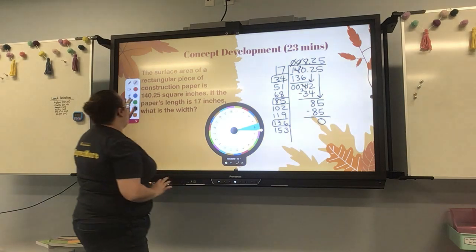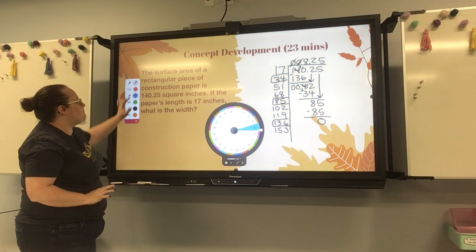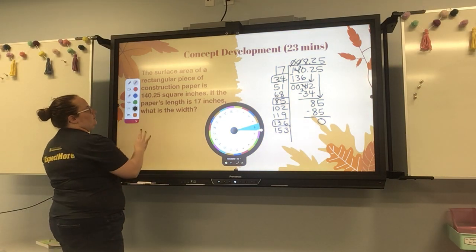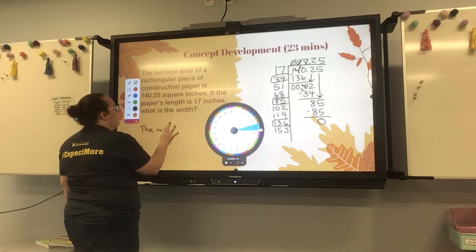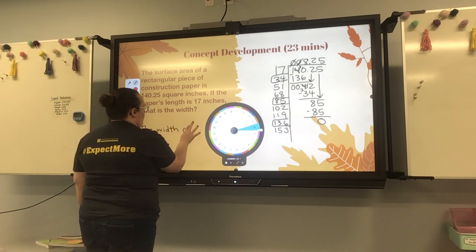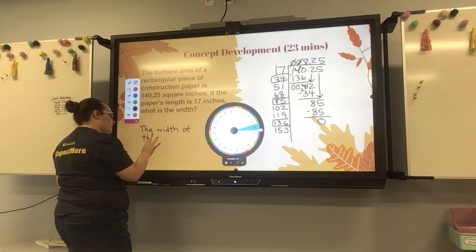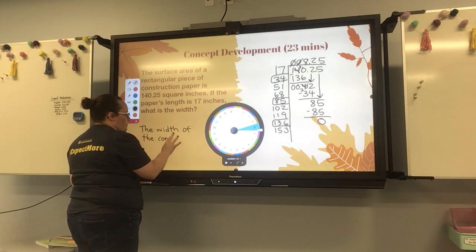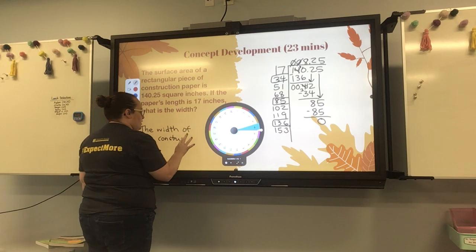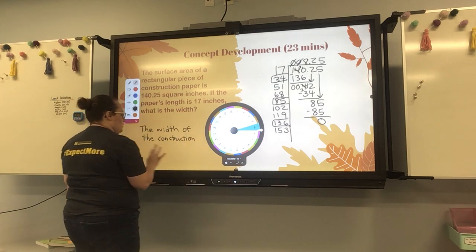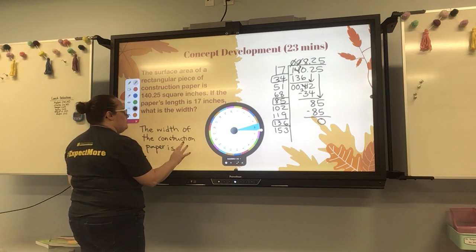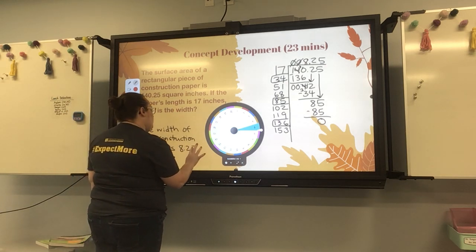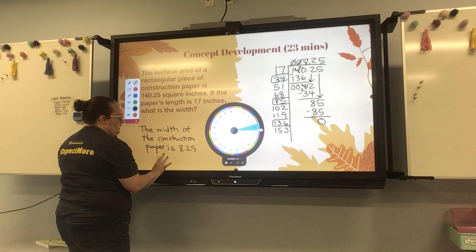So I need to write that complete sentence. The width of the construction paper is 8.25 inches.